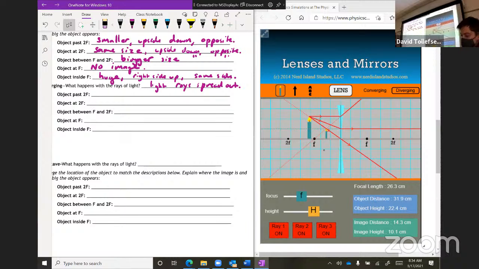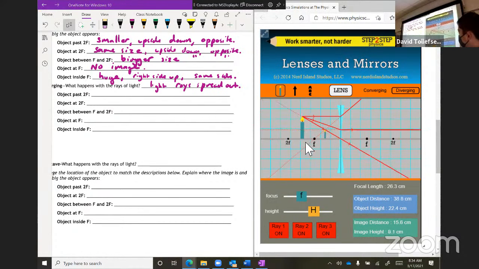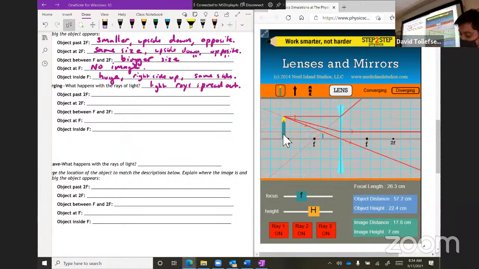So diverging lens, what do you notice about all the images on a diverging lens? It is getting bigger, but how does the image look compared to the object? Smaller? Is it right side up or upside down? Right side up.